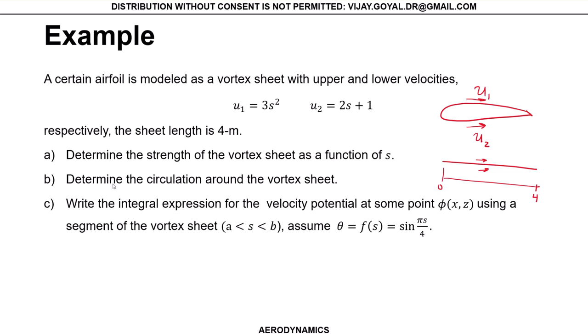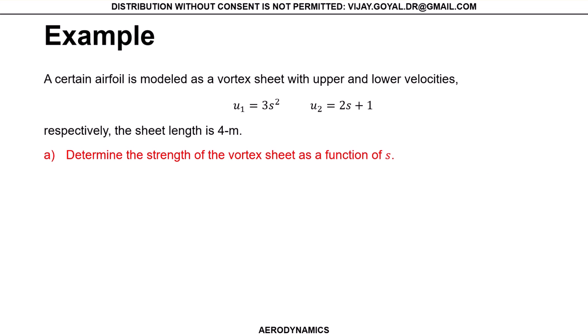We want to find the strength of the vortex sheet, that is gamma. We want to find the circulation, that's capital Gamma. We want to find an integral expression for your velocity potential. Let's do each of these cases.